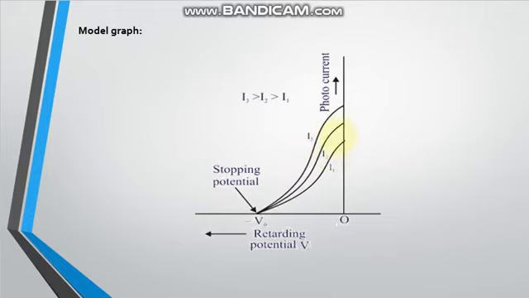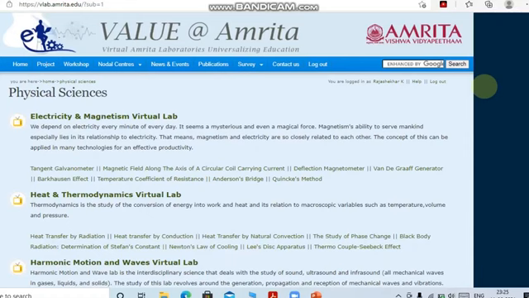So this type of graph you will get. Where the photocurrent is 0, that indicates the stopping potential. This is fixed for a particular photometal surface.